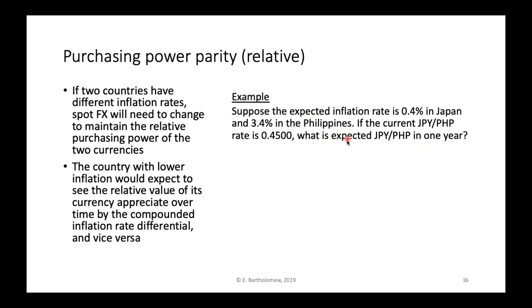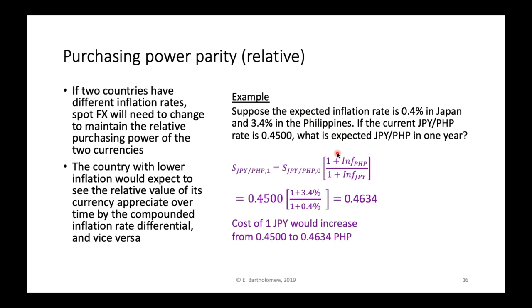Well, if we expected relative purchasing power parity to hold, we would expect the following. So we would expect the inflation rate in pesos, which is higher relative to the inflation rate in yen, to drive the exchange rate higher. So that would mean that the peso would be depreciated.